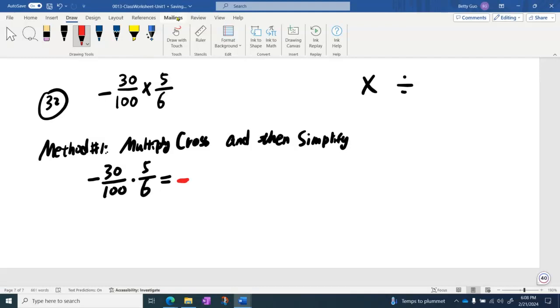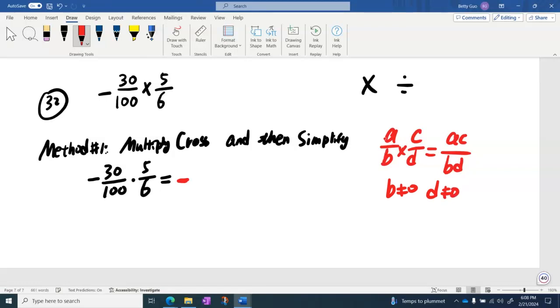The formula for multiplying two fractions is a over b times c over d equals ac over bd. Here b is non-zero, d is non-zero. We all know denominators of fractions cannot be zero, they have to be non-zero.